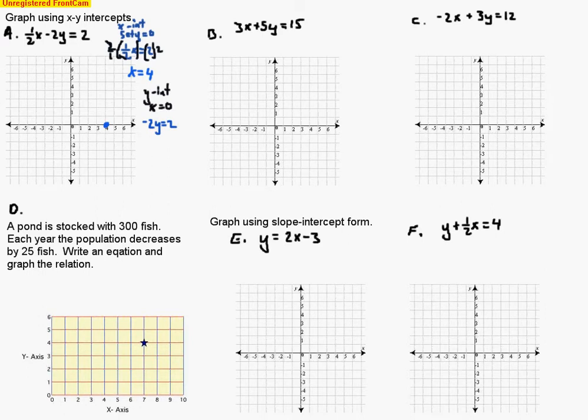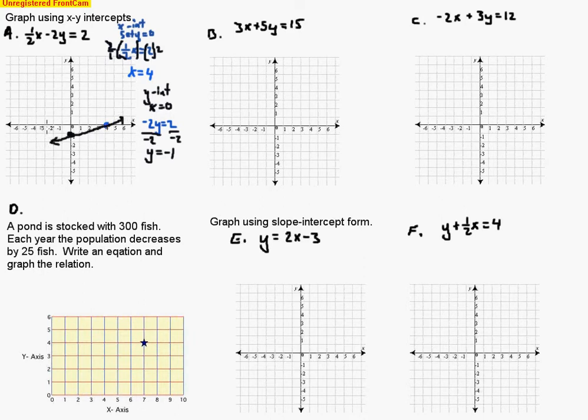So from that point, all we need to do is divide by that negative 2. Always be really careful on the signs. Make sure you bring those down, especially in the division here. Sometimes people leave those signs off and get the wrong number. In this case, we get negative 1, and we plot that as the y-intercept, just 1 down on the y-axis. There we've got 2 points. We can draw the line between them.